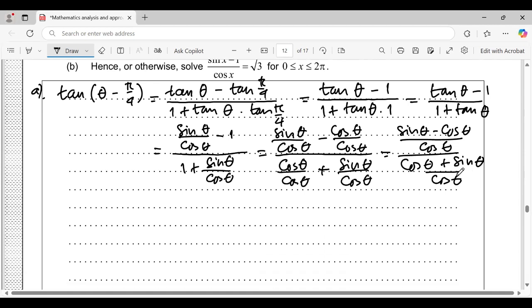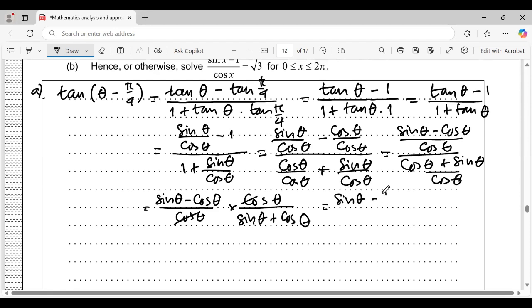Next, multiply sine theta minus cosine theta over cosine theta by cosine theta over sine theta plus cosine theta, since division becomes multiplication. The cosine theta cancels, giving sine theta minus cosine theta over sine theta plus cosine theta.